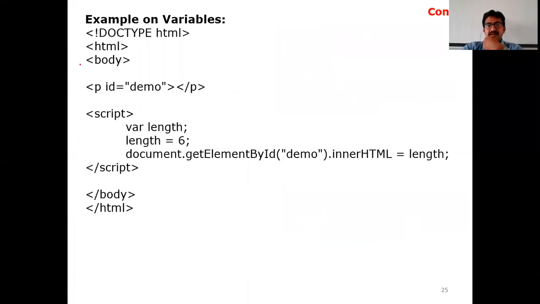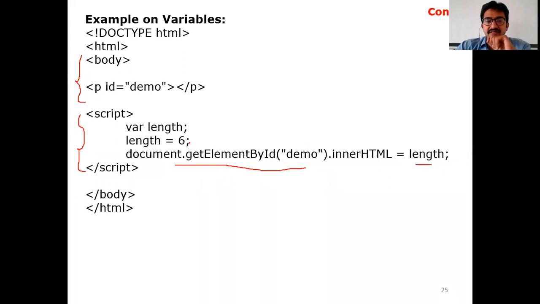In this one, this is the HTML body. Now this is the script. This is another way of using JavaScript in HTML. We can use it inside the head, inside the body, or we can save our external JavaScript as an external file, save as .js, and use it over there. That is the case, right? In the same fashion, here I am writing the script: var length equal to 6, document.getElementById demo dot innerHTML equal to length.